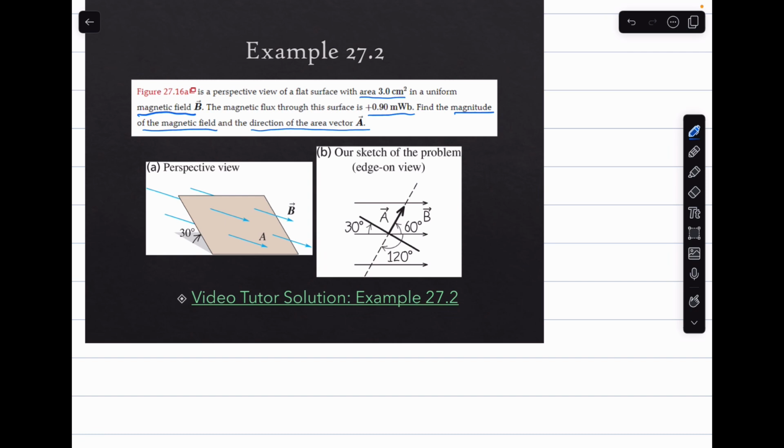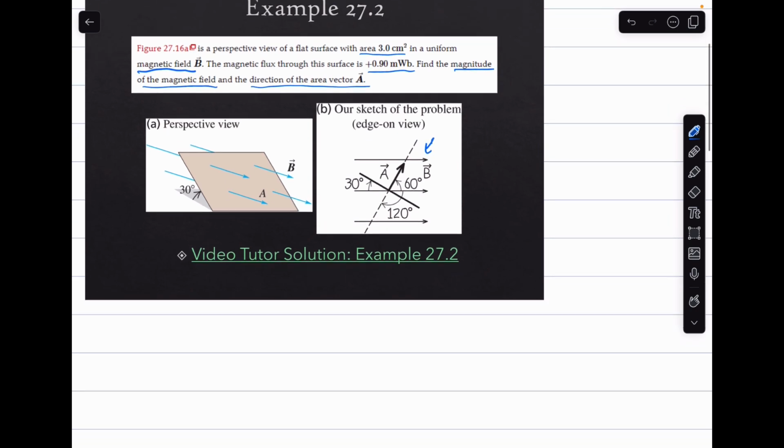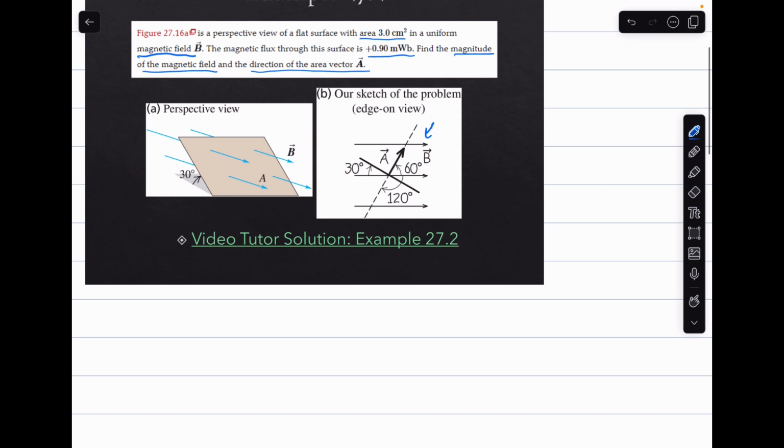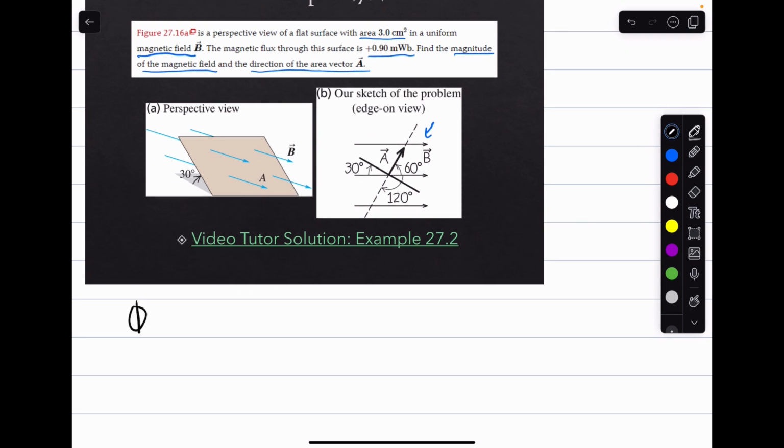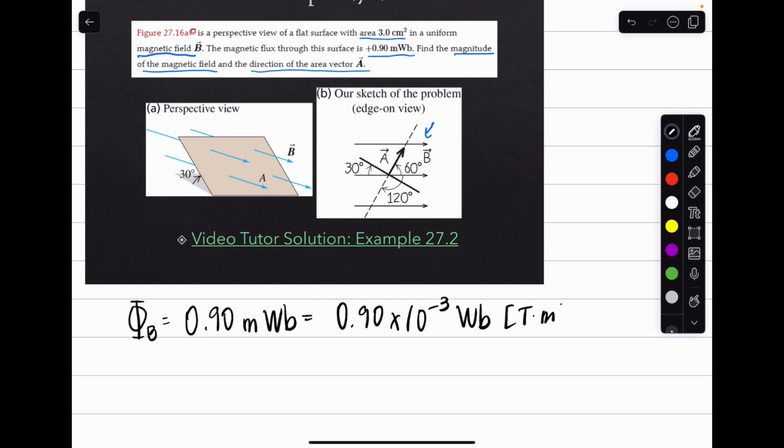So this is kind of the cheat sheet here. It's the answer, but let's work through it together. What are the givens in the problem? We're told that the magnetic flux is 0.90 milliwebers, which is 0.90 times 10 to the minus 3 Webers, which is a Tesla times a meter squared. And we know that that's equal to B vector dot A vector.